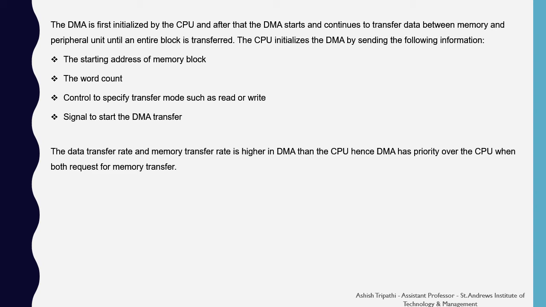The CPU initializes the DMA by sending the following information: the starting address of the memory block, the word count, control to specify the transfer mode such as read or write, and a signal to start the DMA transfer. The data transfer rate and the memory transfer rate is higher in the DMA than the CPU. Hence, DMA has priority over the CPU when both request for memory transfer.